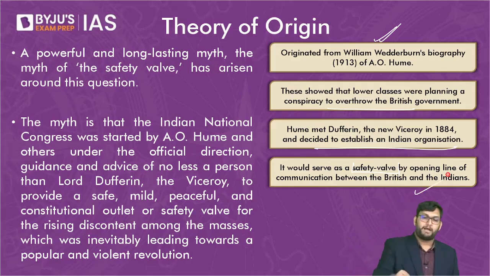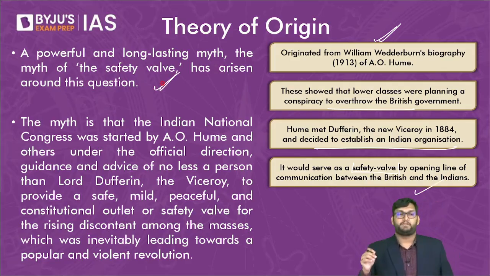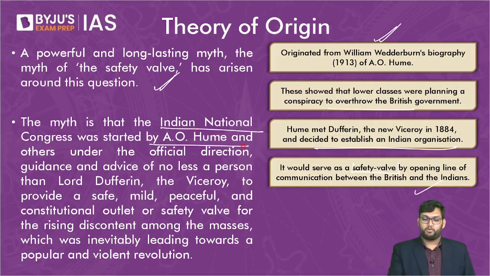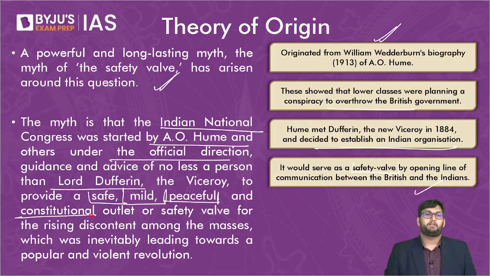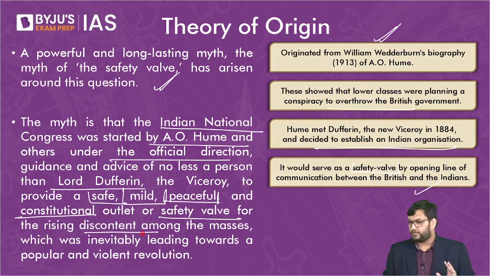So the most powerful and long-lasting myth of the INC is that the INC was started by A.O. Hume under the official directions and advice of Dufferin, and it was to provide a safe, mild, peaceful, and constitutional outlet or safety valve for the discontent to come out, therefore in turn avoiding an 1857-like situation.